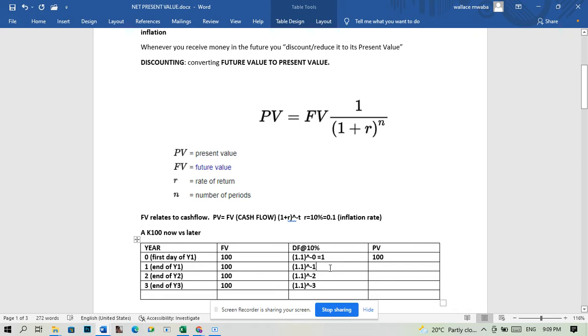I just need someone with a calculator to find for me 1.1 to the power negative 1. I just want to get that value so that we see how much 100 kwacha at the end of 1 year is worth now. Anyone with a calculator, 1.1 to the power negative 1.